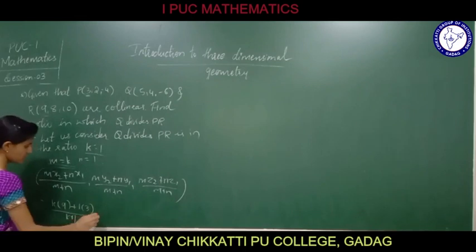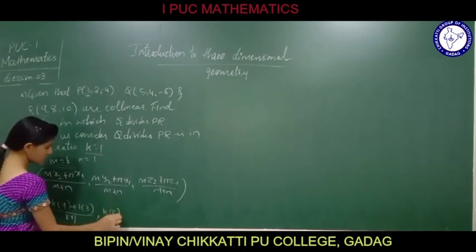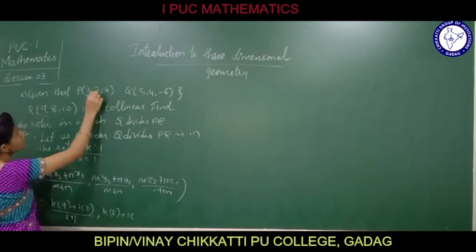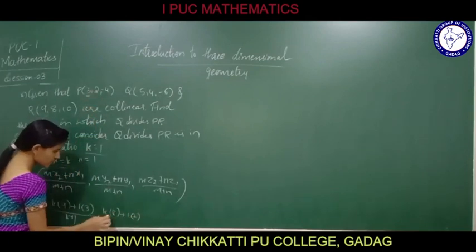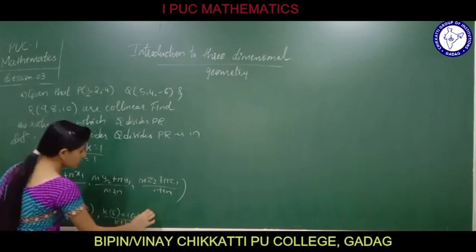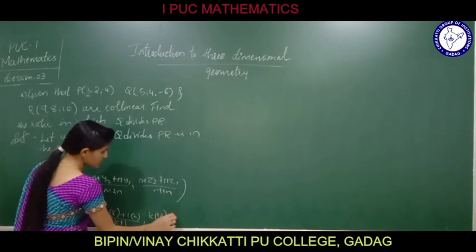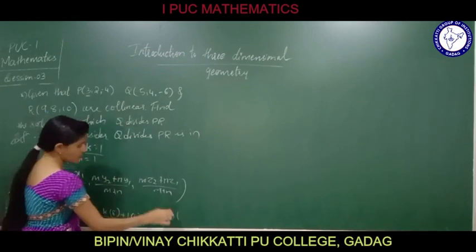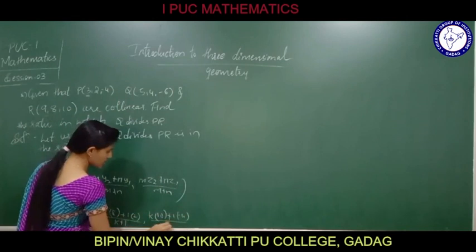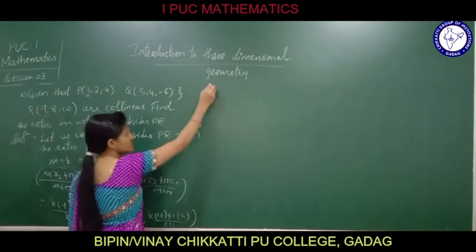Next, m is k into what is y2? Y2 is 8 plus 1 into y1 is 2, divided by k plus 1. Again we have k into what is z2? Z2 is 10 plus 1 into z1 is minus 4, divided by k plus 1. These are the coordinates we have got, right? Just simplify.